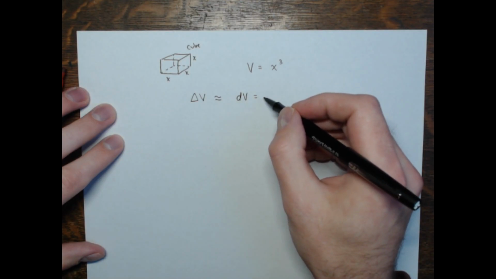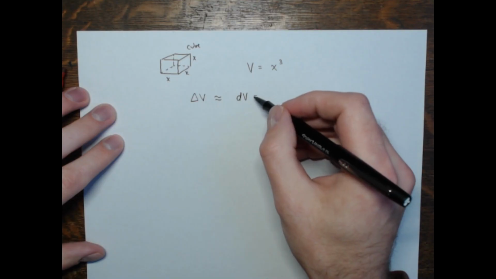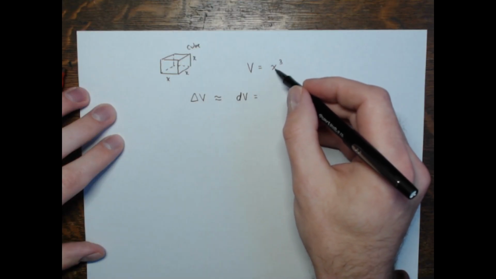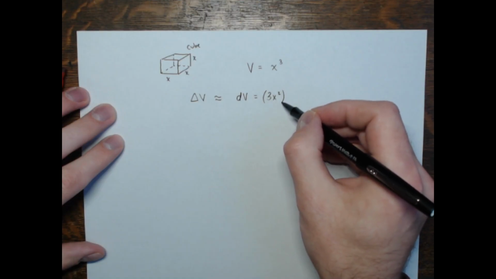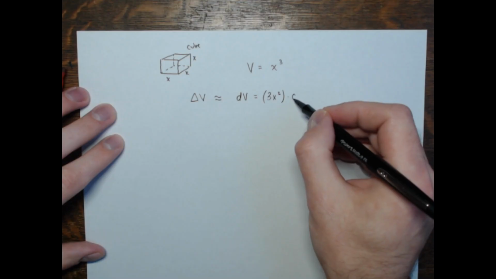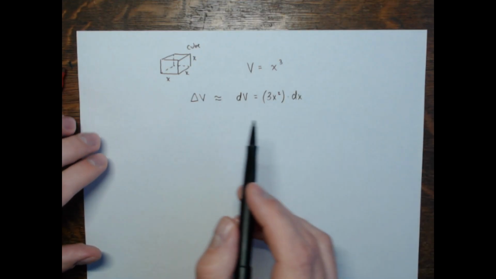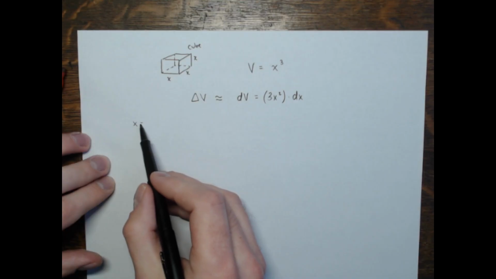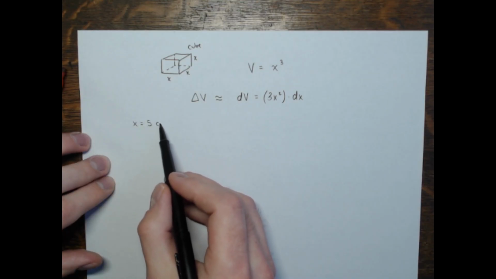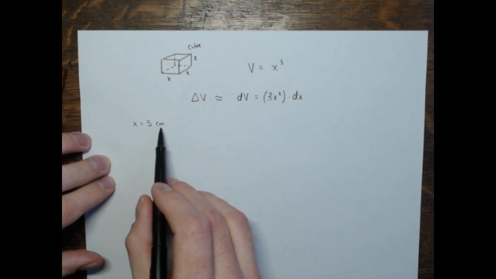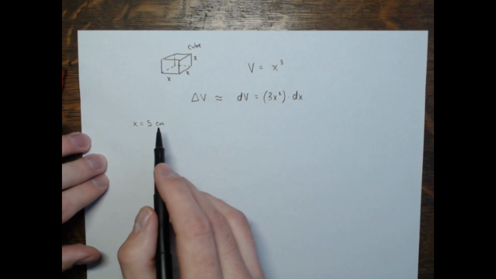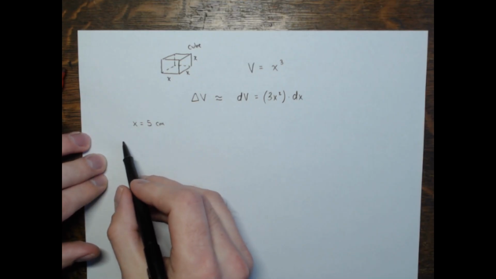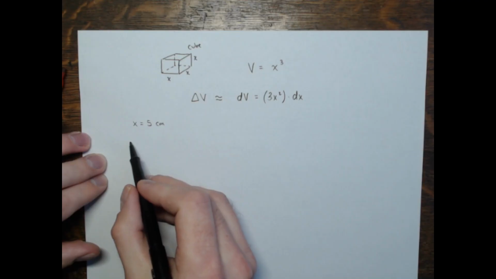And we calculated some differentials in previous problems. If V is x cubed, then dV would be 3x squared, your derivative function, times dx. So initially x is 5 centimeters. They said, suppose the side length of a cube is measured to be 5 centimeters with an accuracy of 0.06.